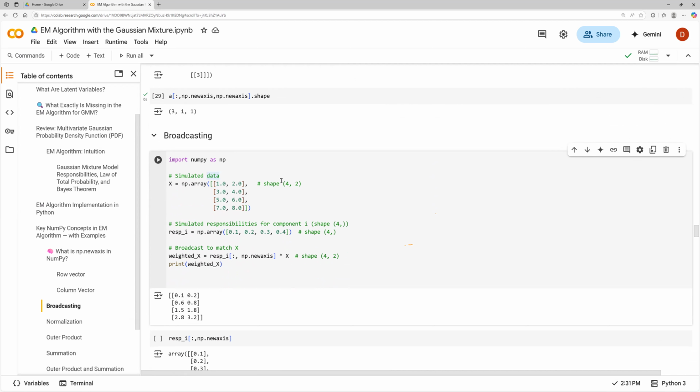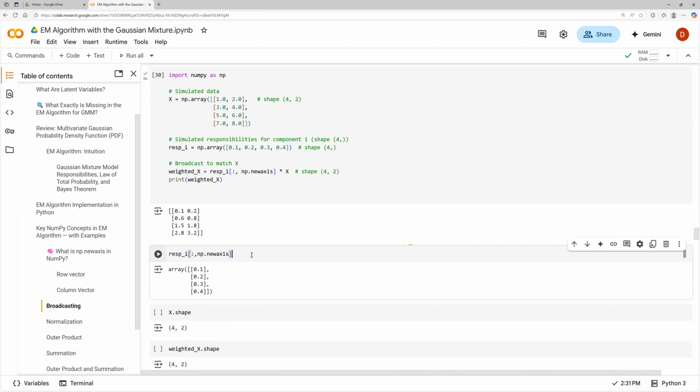We know this is a 4 by 2 matrix. We need to multiply the responsibility times X, right? So we need to shape this, say, if this is a 4, into something that we could multiply by to get to 4, 2, right? So this is going to have to be 4, 1.